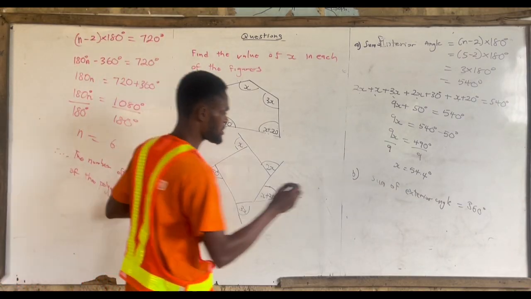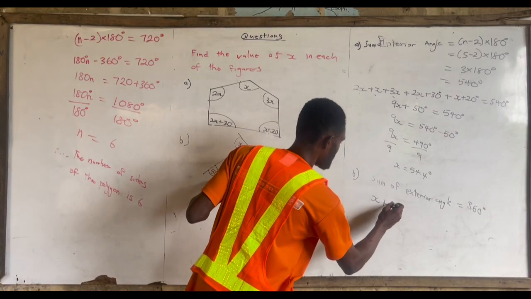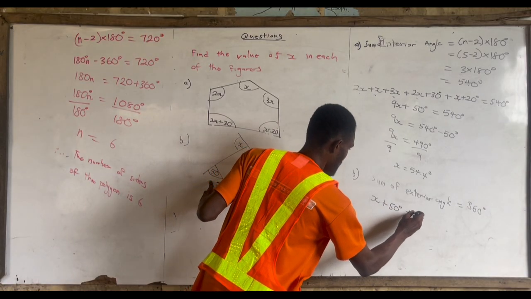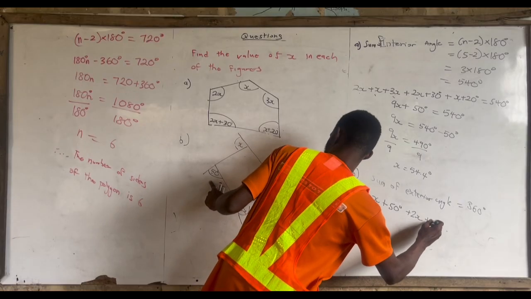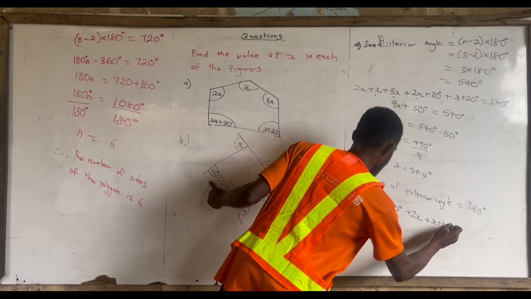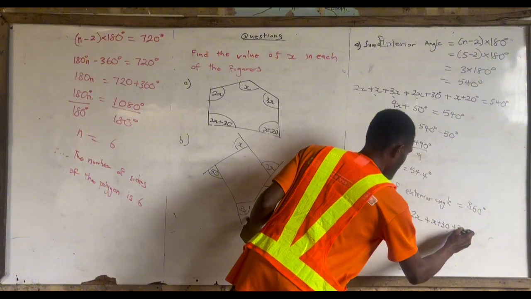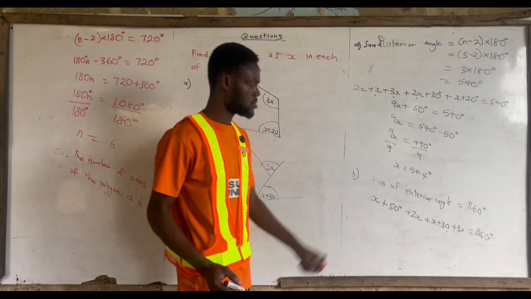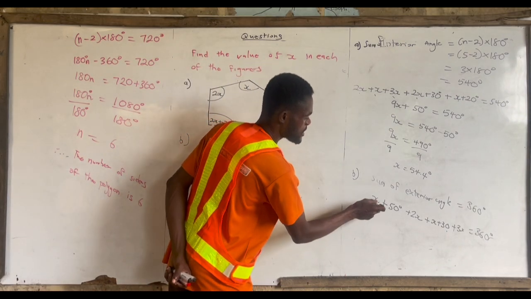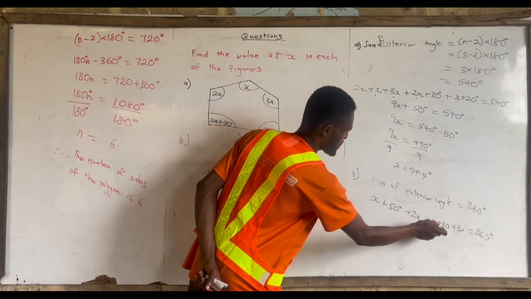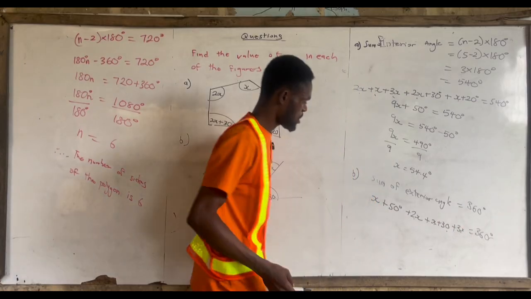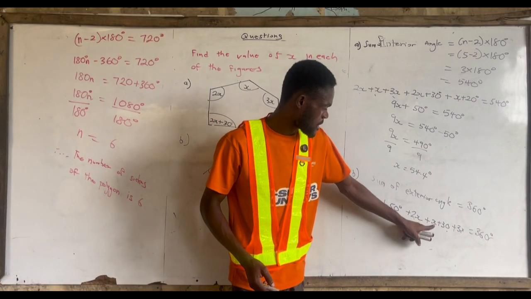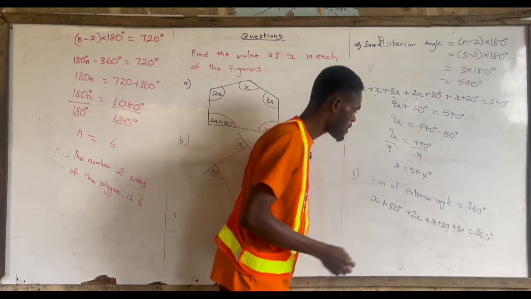So we have x plus 50 plus 2x plus x plus 30 plus 3x is equal to 360 degrees. So x plus 2x is 3x, plus x is 4x, plus 3x is 7x.